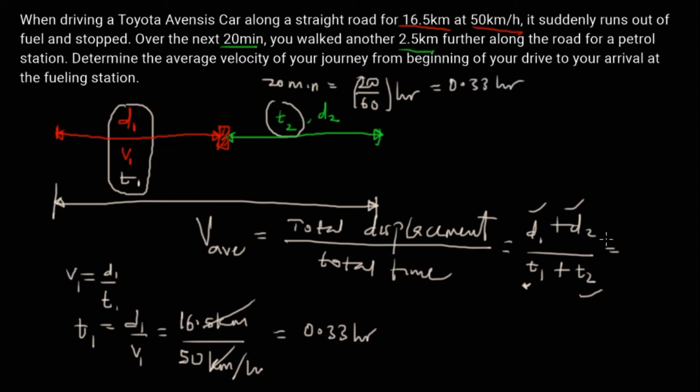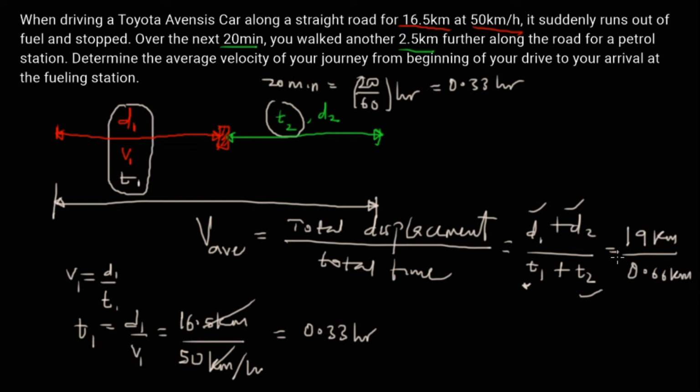As a result, we'll have D1 plus D2, that is 2.5 plus 16.5 kilometer, so that is 19 kilometer, upon T1 plus T2, that's 0.33 plus 0.33, which is 0.66 hour.